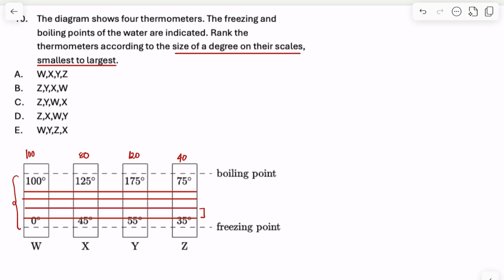For 120, if divided by 10, each will be 12, right? 12. And if 80 is divided by 10 this is 8, and 100 divided by 10 this is 10. So basically the smallest value when divided by 10 is from the 40. Next smallest is the 80, then the 100, and then the 120, and that is your option D. Okay, so the problem solving will follow afterward.